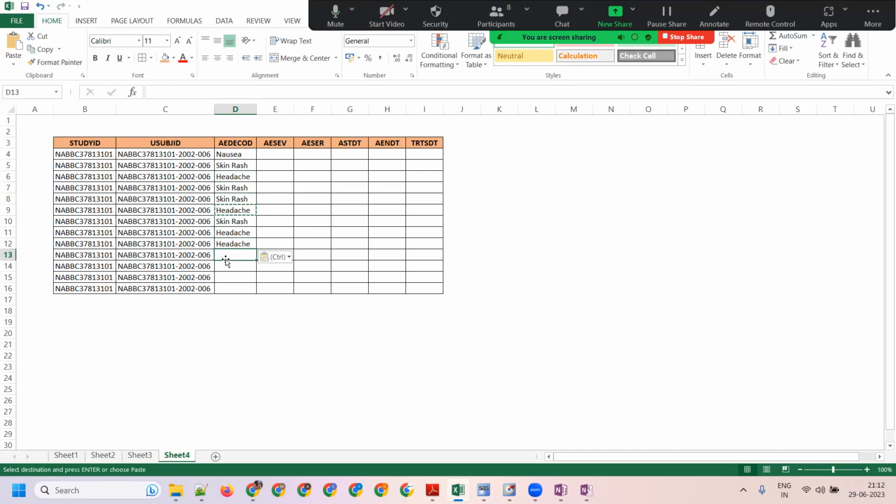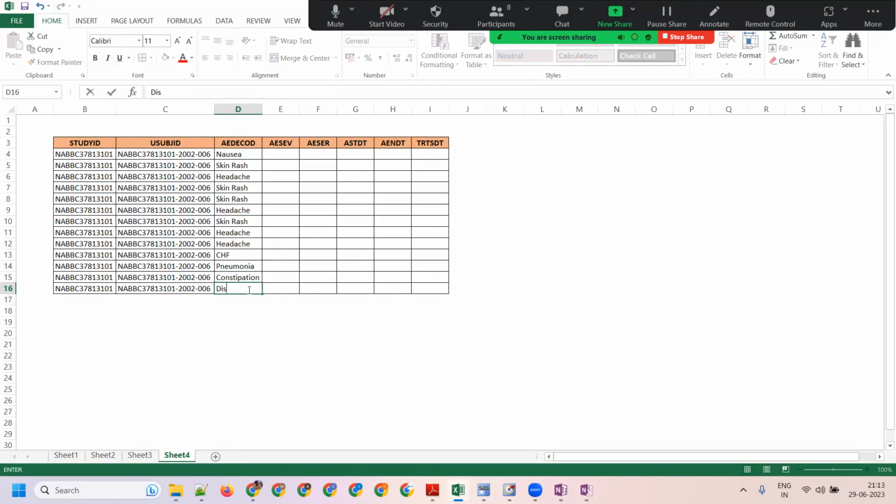And then let's take a serious one, congestive heart failure, CHF. Let's say pneumonia happened. Simple constipation. Last one, dizziness.